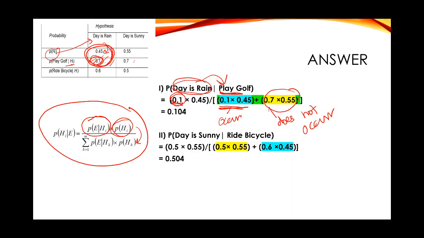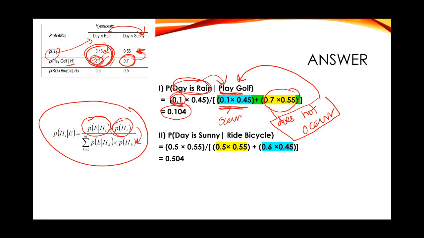If day is not raining, meaning that day is sunny. So that is why we are going to take a look at event occur but with evidence of playing golf. Okay, so this is when we have the evidence of 0.7 times the hypothesis of event does not occur, that is day is sunny, 0.55. So if you calculate, you will get your answer here.